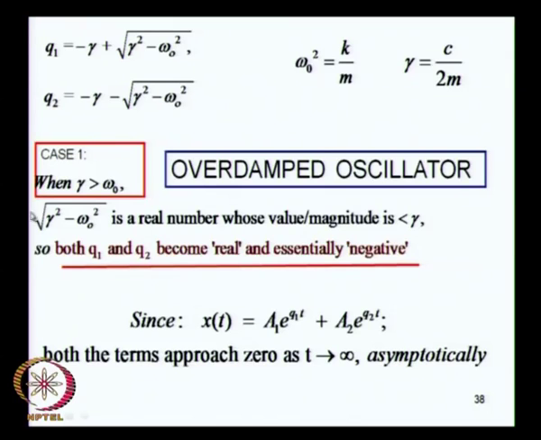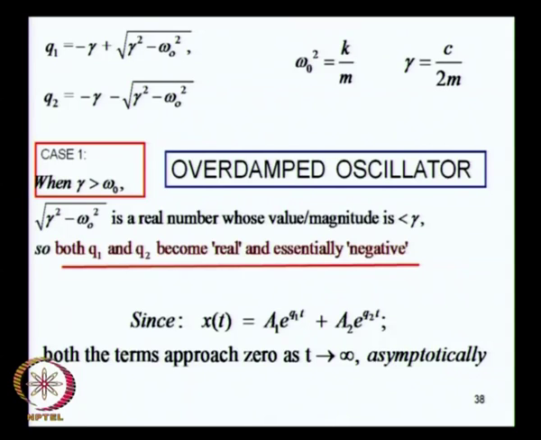Now, what it means is that if both q1 and q2 are negative, the contribution from either the first term or the second term can allow x to go to 0 only as t goes to infinity. At no finite time can x ever become 0.